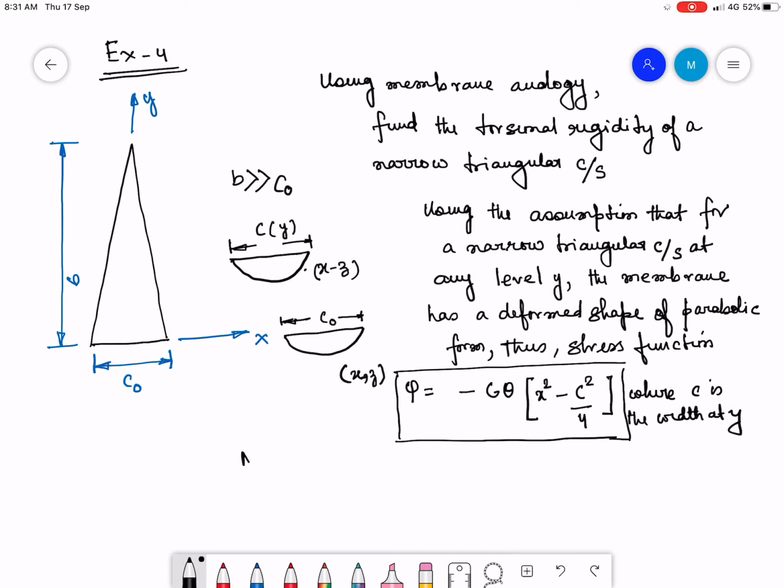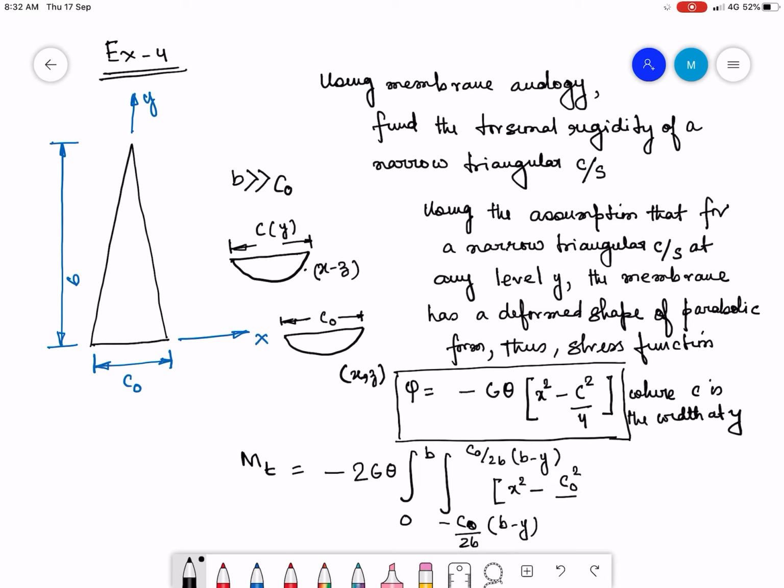So applied torque MT is going to be as follows.